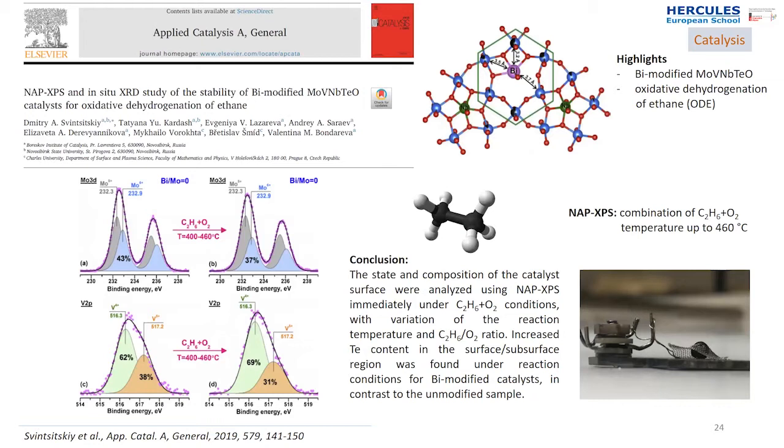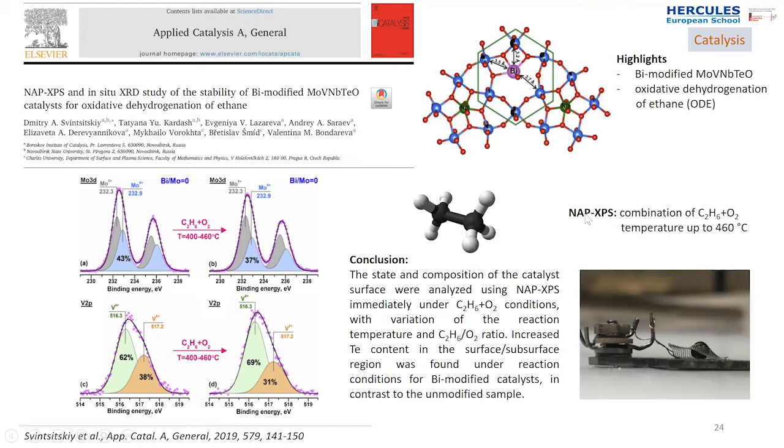Another example for catalysis is also a bismuth modified catalyst, but for oxidative dehydrogenation of ethane. And just to show you how different samples can be prepared and measured, this group brought a sample in a small shape like a ball, about 4 millimeters in diameter.